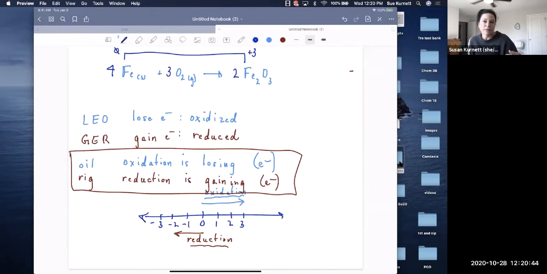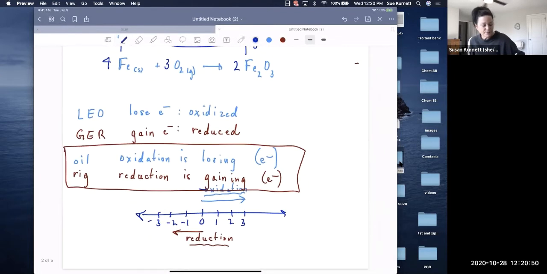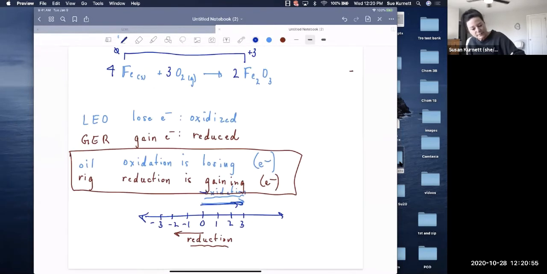And if the number goes up, lose electrons, oxidized. They went to the right on the number line. That's oxidation. Oxygen went from 0, the element, protons equals electrons, to -2 in oxide, gain electrons, reduced.